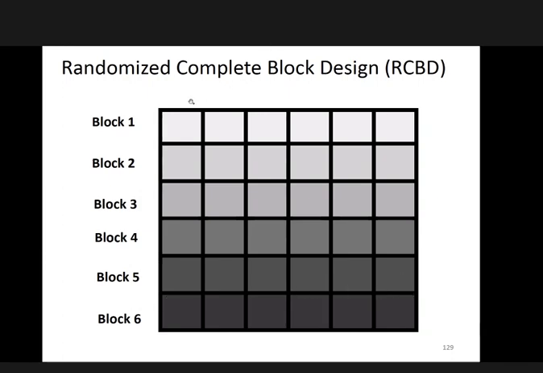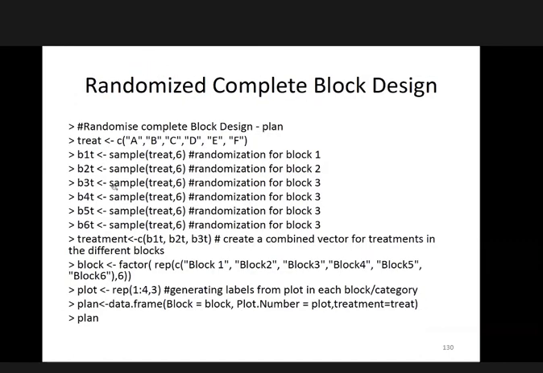Or block one could be the experiment you run on day one, and block two could be the experiment you run on day number two. Block three could be day number three, and so on and so forth. So you need to see what would be the best case for you.